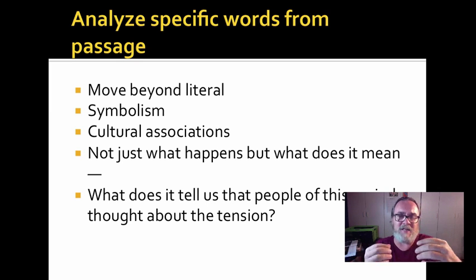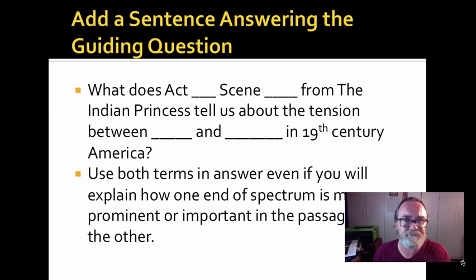The thing we're trying to get to is, what does this scene tell us about how Americans living in that period understood this tension, what they thought about racial equality and racial hierarchy, what they thought about nature, what they thought about gender, what they thought about class, whatever. Whatever the tension is, we're trying to figure out, how does this language illuminate what they thought?